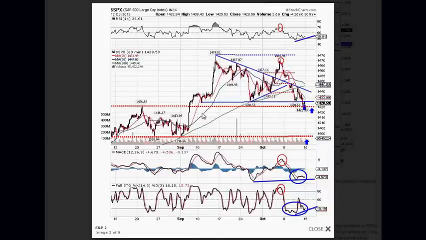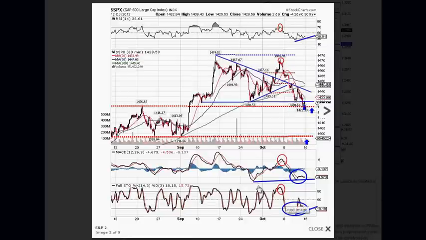We could see the loss of the initial support at 1430 on Friday, and the price dropped to retest this 1426, 1425 level, and so far we closed barely above. There's a bit of a movement in oscillators and indicators. RSI actually created a higher low while the price created a lower low.